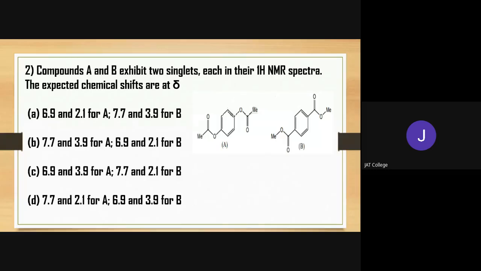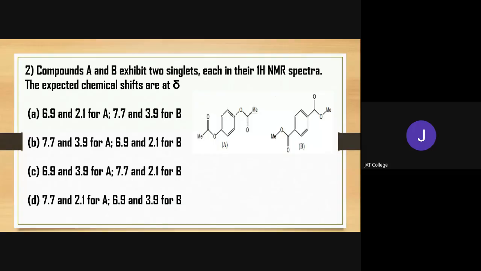That means compound A has the delta value less than 7. Okay. Which compound has the delta value less than 7? A compound. Okay. A compound has the delta value less than 7.